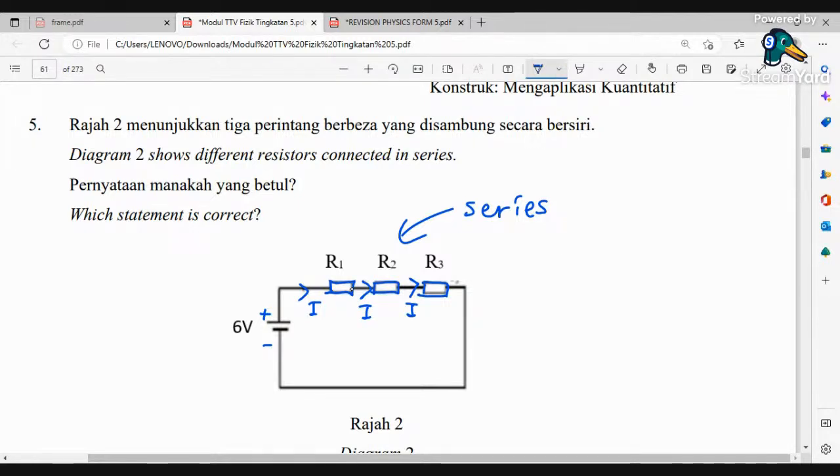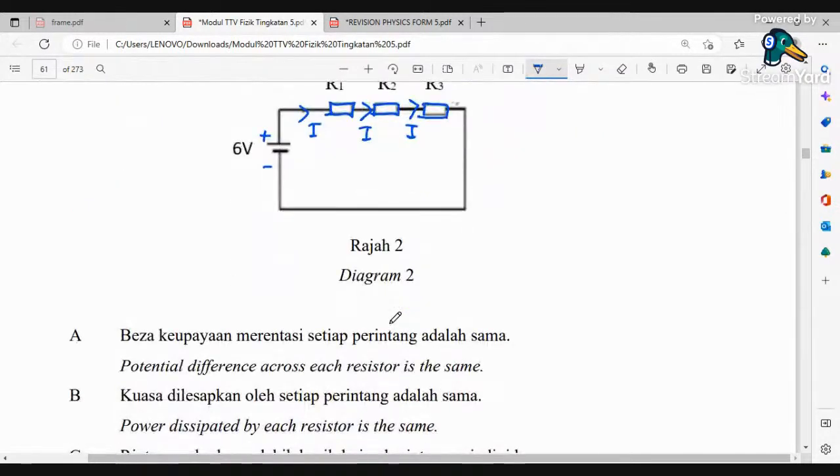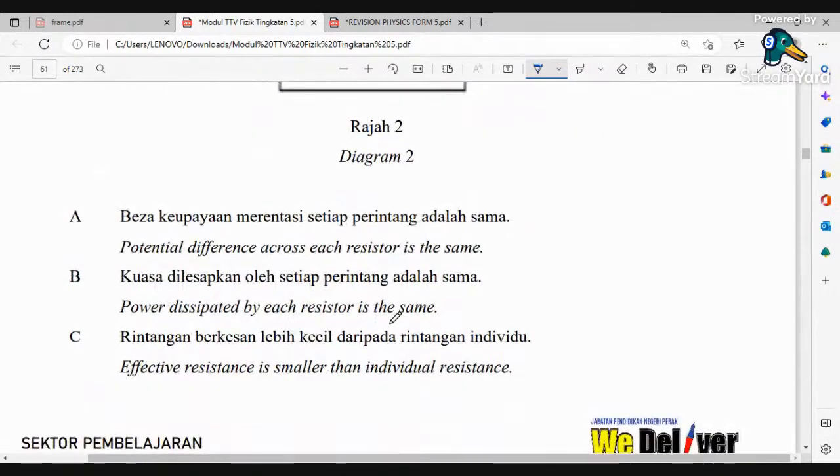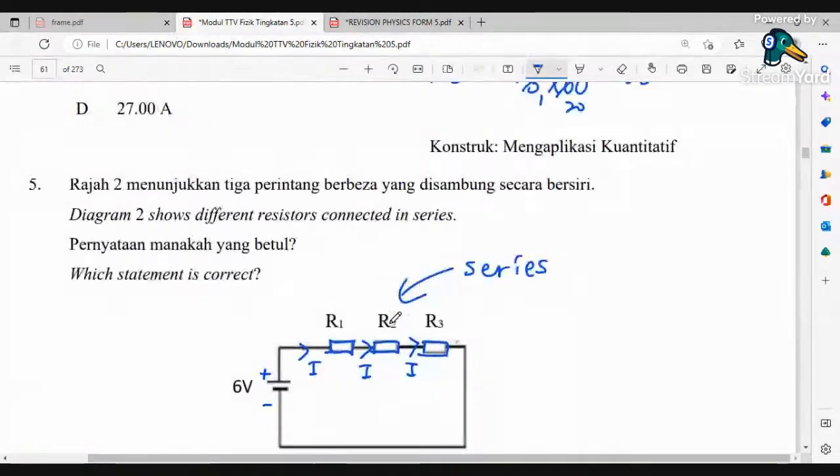Okay, which statement is correct? This one already mentioned, different resistors. Okay, perintang berbeza. So means different resistance. Okay, resistance dia tak sama.